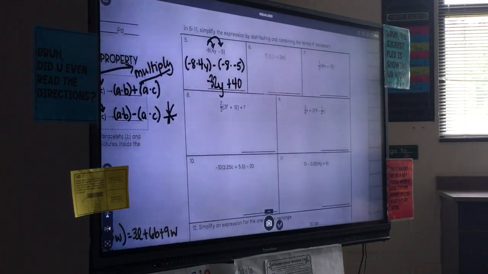And you're multiplying 12.5 times 3, and whatever that equals.